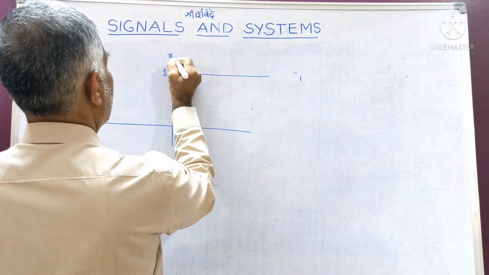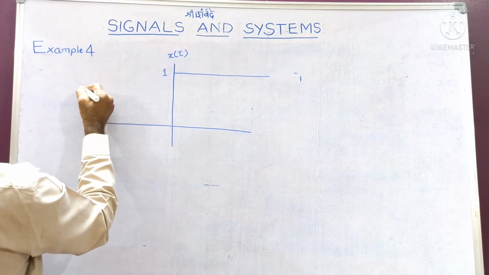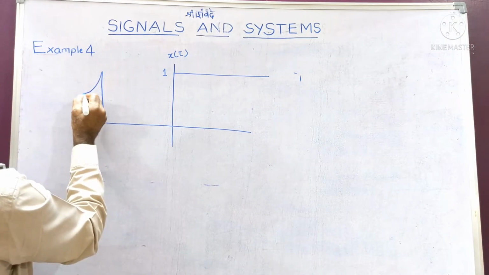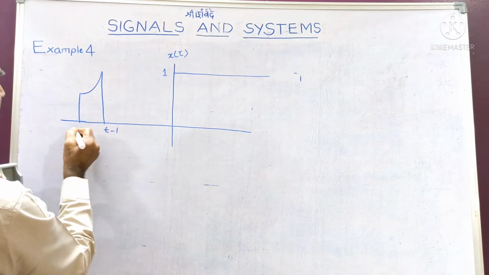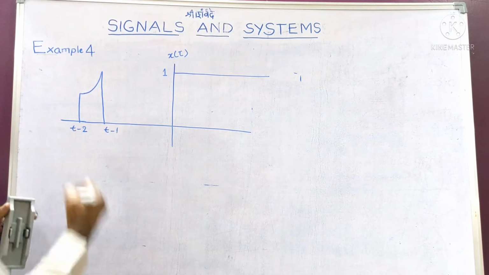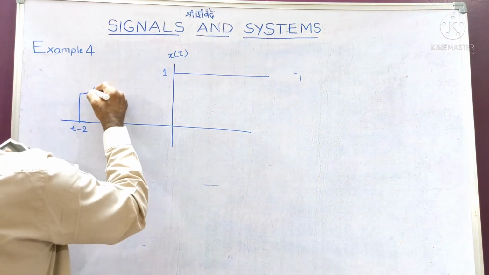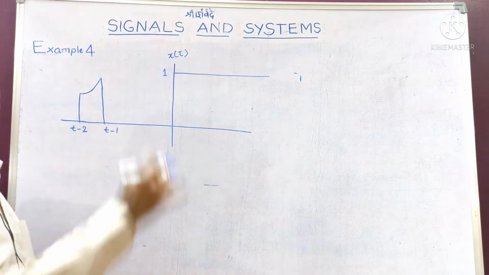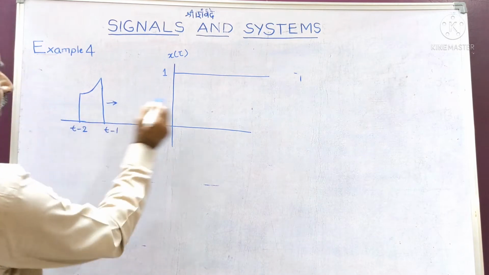This is x of tau, and this is the t minus 1 edge, this is the t minus 2 edge. Actually this will be less than, because this has to be below 1. Now this is proceeding this way.